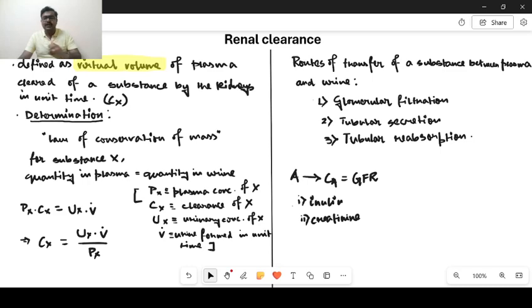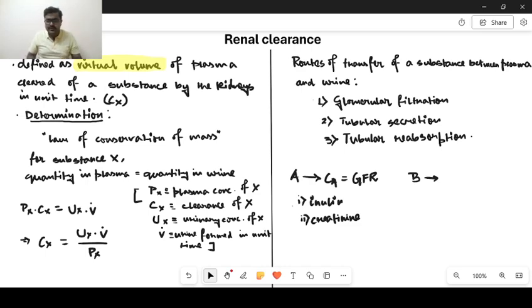Coming to another applied part of clearance, let us assume a substance, let's name it B, which is filtered by the glomerulus as well as secreted by the tubule and not reabsorbed. So virtually whatever amount of plasma reaches the kidney is cleared of the substance B in unit time. What is the total amount of plasma reaching the kidney in unit time?